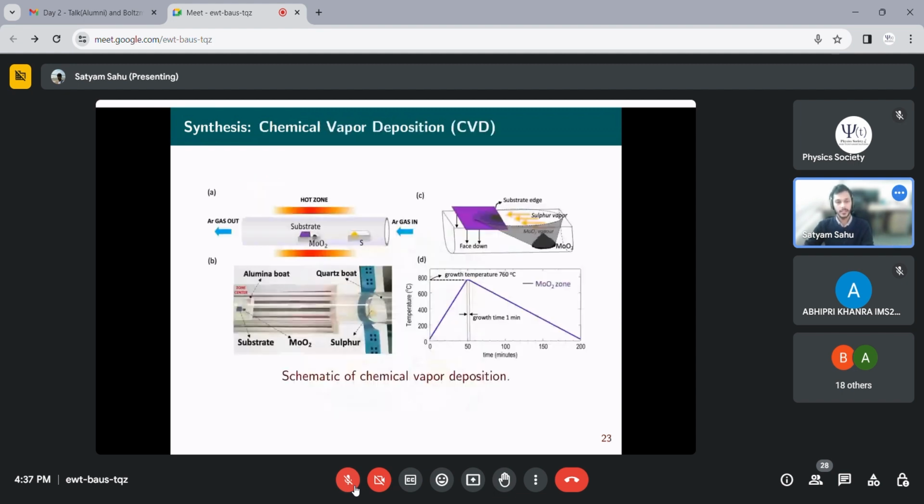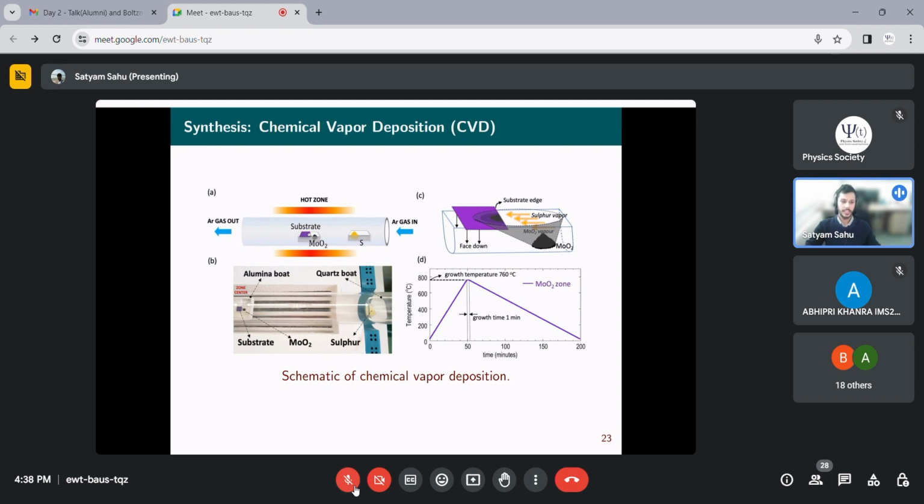And then similarly for chemical vapor deposition, or CVD. So here is the schematic of how the CVD works. Essentially, you just put your material with the substrate, and then you supply some gases. The material will go here.